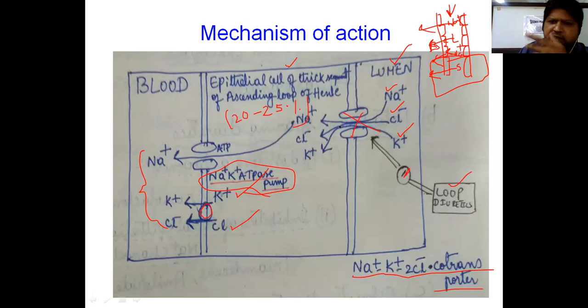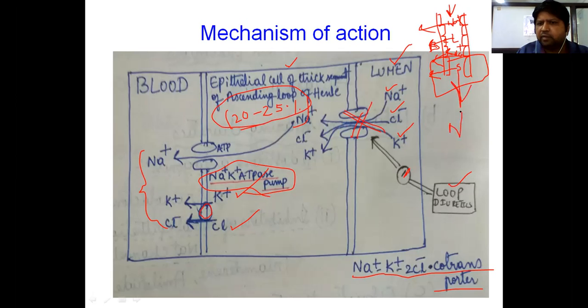So it's simple. There is a pump responsible for the absorption of sodium, potassium and chloride, and around 20 to 25% of sodium is reabsorbed with this pump. This pump is blocked by loop diuretics, and the absorption of sodium, chloride and potassium will be blocked. Finally, these ions will be eliminated into the urine.